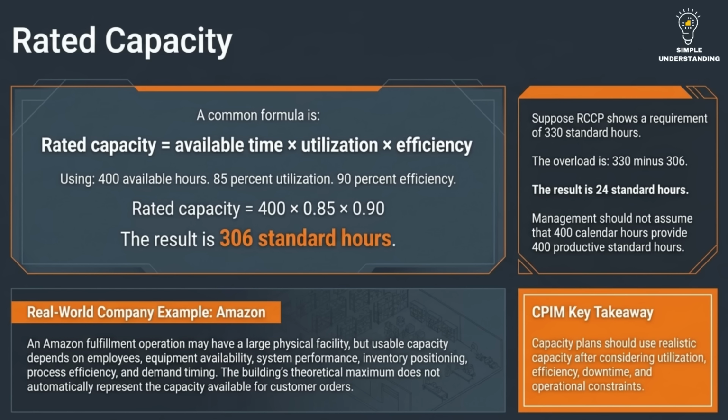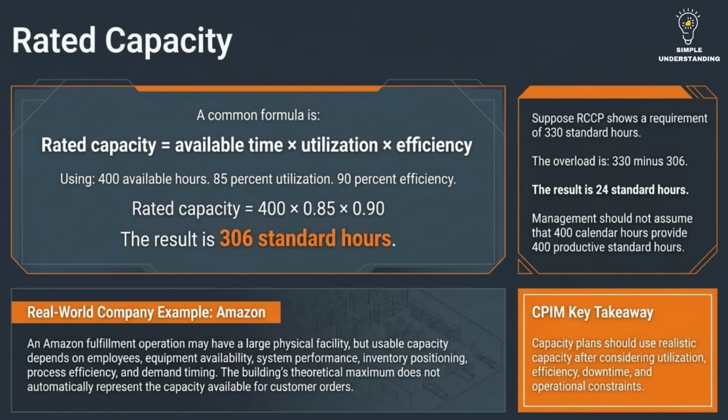The result is 306 standard hours. Suppose RCCP shows a requirement of 330 standard hours. The overload is 330 minus 306. The result is 24 standard hours. Management should not assume that 400 calendar hours provide 400 productive standard hours.